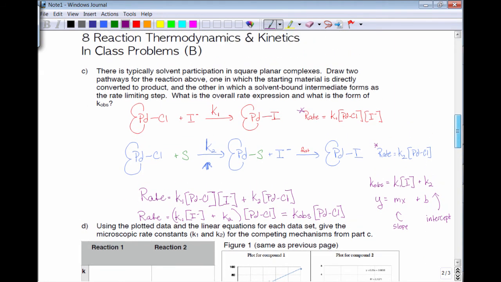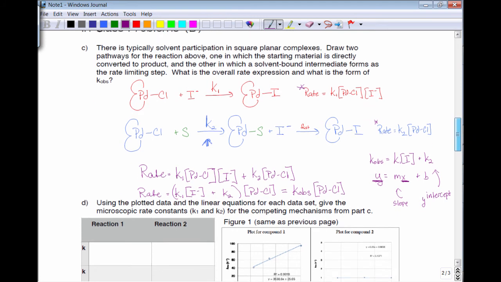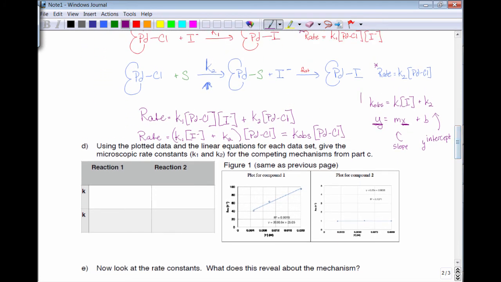So from a plot of the concentration of iodine versus the observed rate constant, I can pull out the slope, which would be K1, and the y-intercept, which would be K2. So then using this information here, you can solve part D.